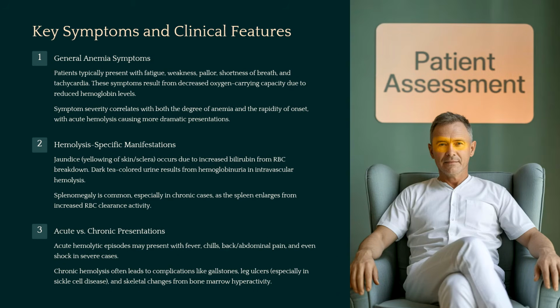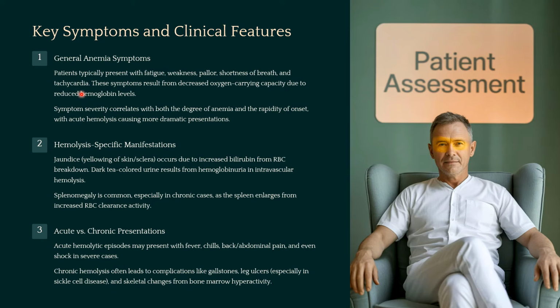Now, what are the key symptoms and the clinical features of hemolytic anemia? There will be general anemia symptoms: fatigue, weakness, pallor. Pallor means the normal color fades. Then shortness of breath, meaning respiratory troubles, and tachycardia.